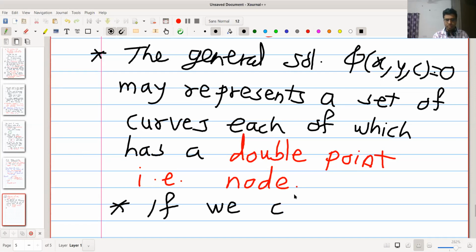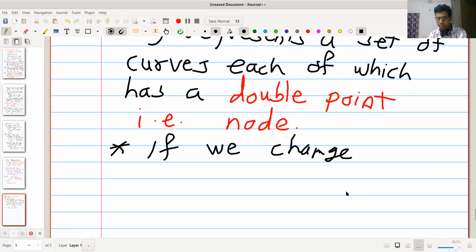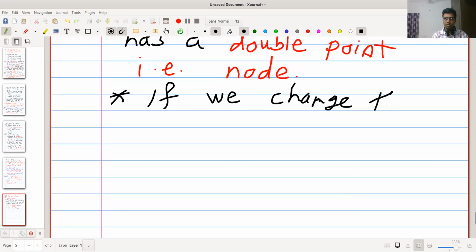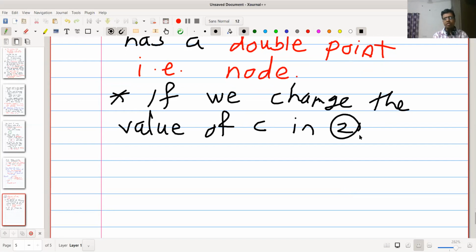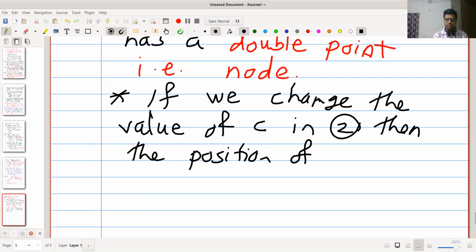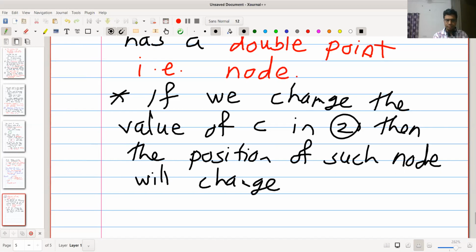If we change the value of the arbitrary constant c in the general solution 2, then the position of such a node will change, but the node will be there.